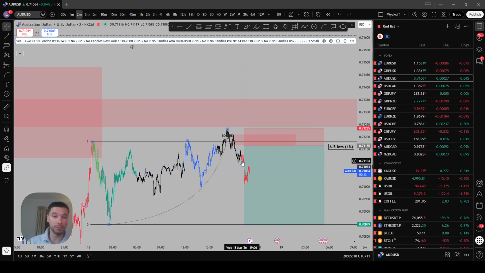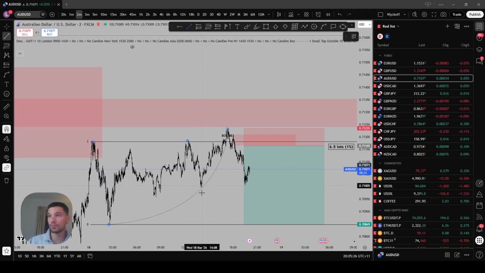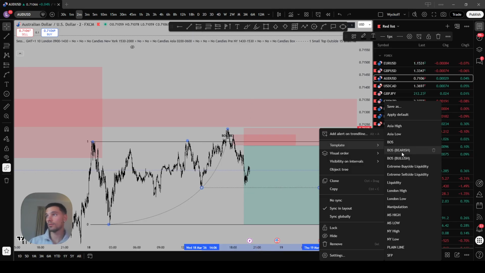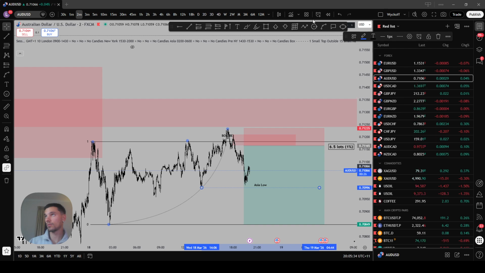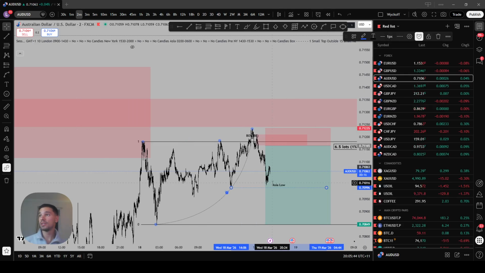And we have already begun London, so I can expect London to take out Asia and continue to move down. That is it for AUD USD.